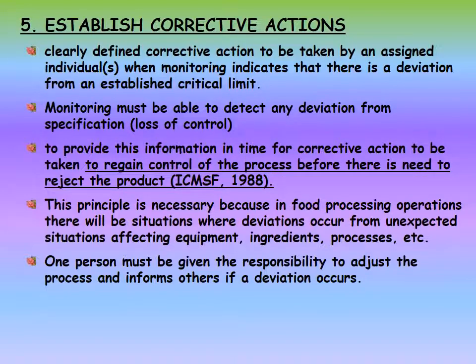Monitoring must be able to detect any deviation from specification, loss of control, and to provide information in time for corrective action to be taken to regain control of the process before there is need to reject the product.